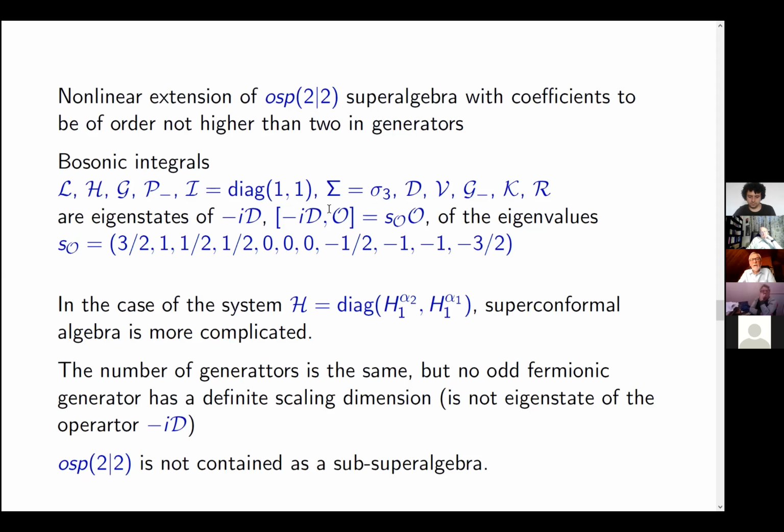And as a result, one can show that the inclusion of conformal symmetry in the first superextended example produces some kind of extended nonlinear version of the conformal superalgebra, which includes OSP(2|2) as a Lie superalgebra in the form of a sub-superalgebra.